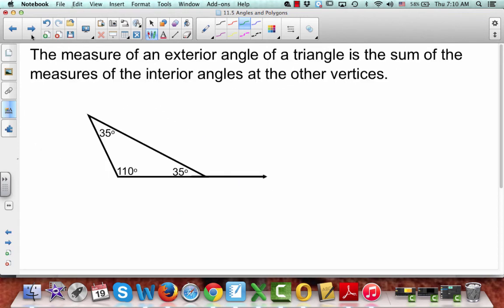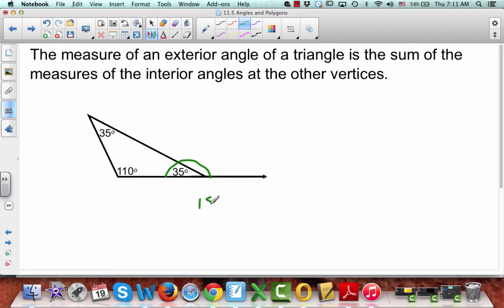Okay? Alright, the measure of an exterior angle of a triangle is the sum of the measures of the interior angles at the other vertices. My goodness, what does that mean? Well, this is what it means. Let's come over here. What do you know about this angle right here? Yes, that's a linear pair, or forms 180 degrees.